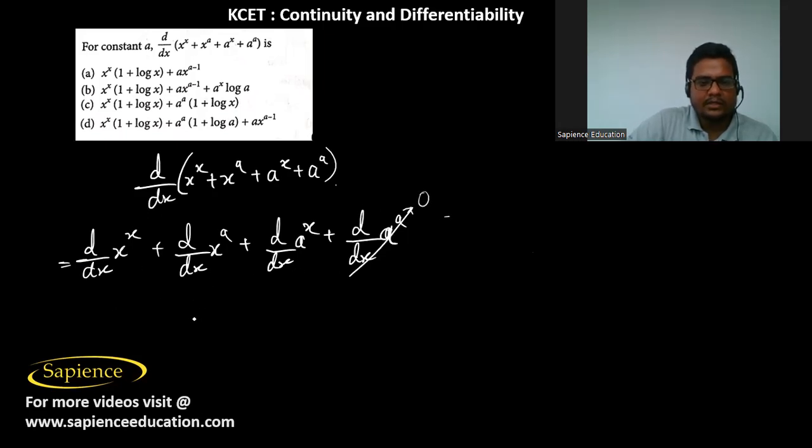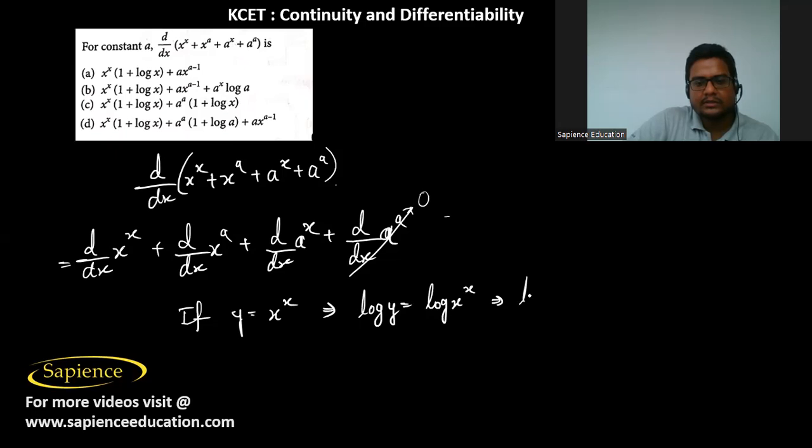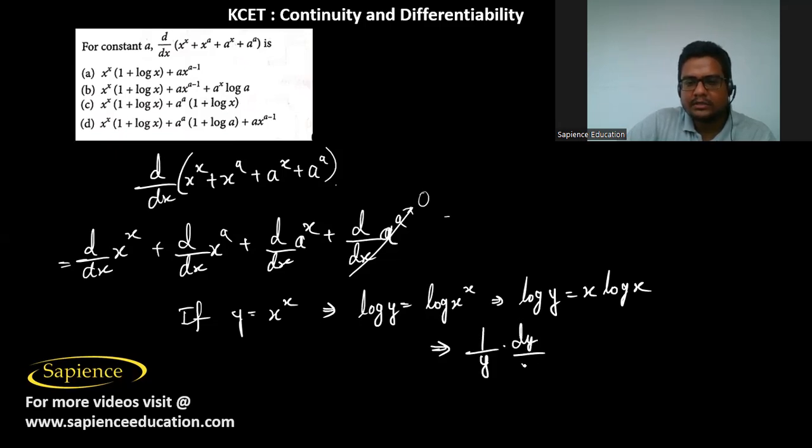So now for d by dx of x power x, suppose we take y equal to x power x, and then if you take log on both sides, then it will be log y, that is equal to log of x power x. So this will be x log x. So log y will be equal to x log x. Then if we take the derivative with respect to x on both sides, then we will get 1 by y into dy by dx.